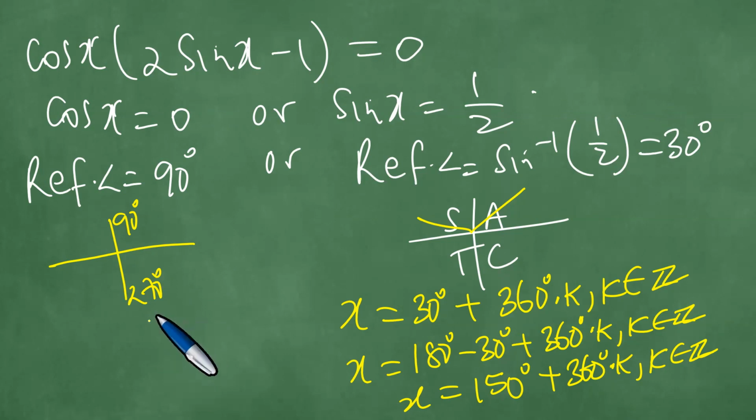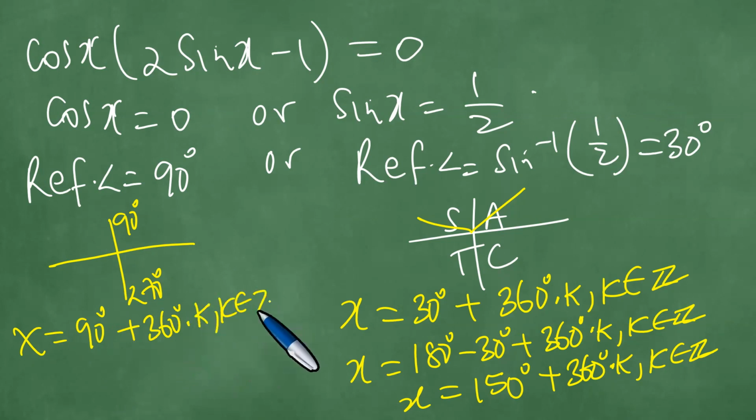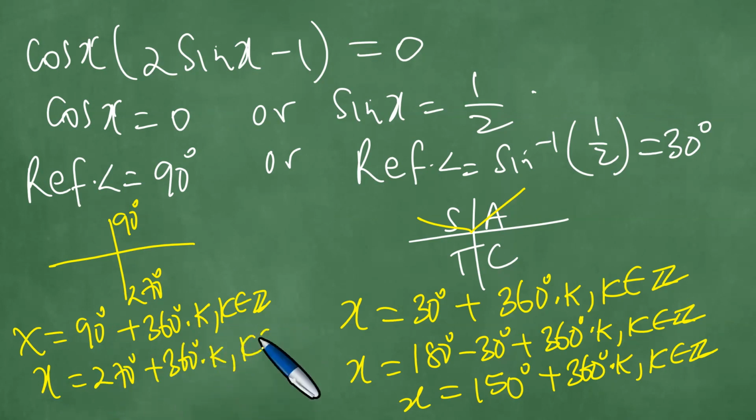So x at this point is 90 degrees plus 360 degrees times k, where k is in Z, and 270 degrees plus 360 degrees times k, where k is in Z. So these are the answers that we have.